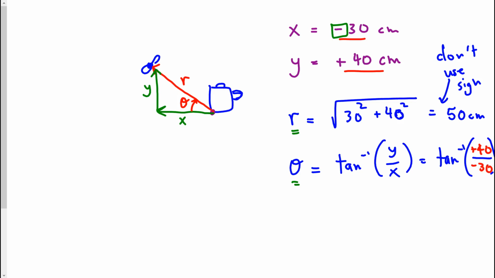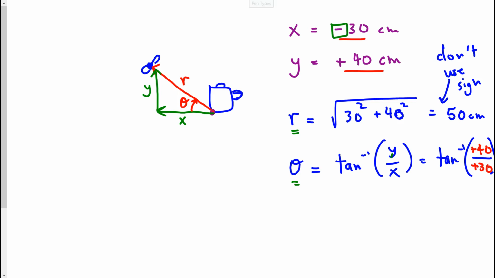But here's what we're going to do. If you have inverse tangent calculations, make everything positive. The 30, the 40, doesn't matter if it's left or right, up or down. Everything is positive. Okay? So when you calculate theta, it'll be a positive value.